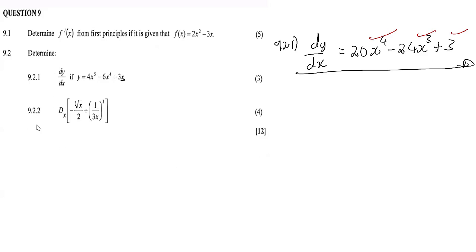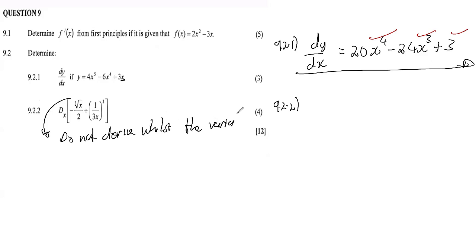Then 9.2.2, again, you will remember the rule. We said do not derive whilst the variable is in surd form. So we cannot derive with the variable in surd form.